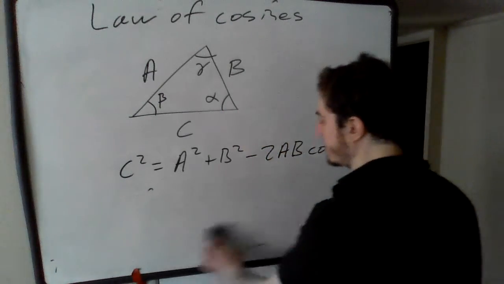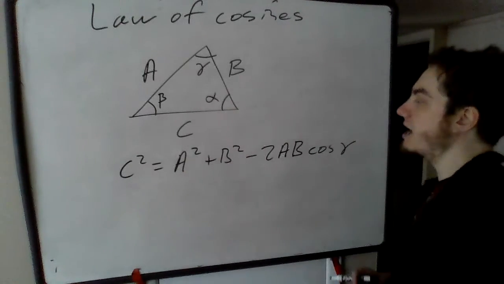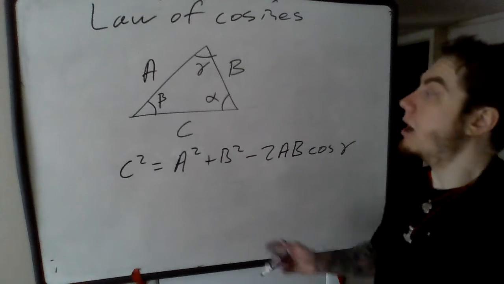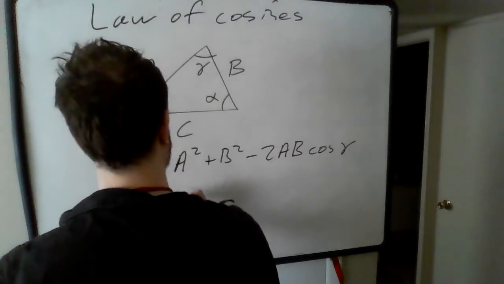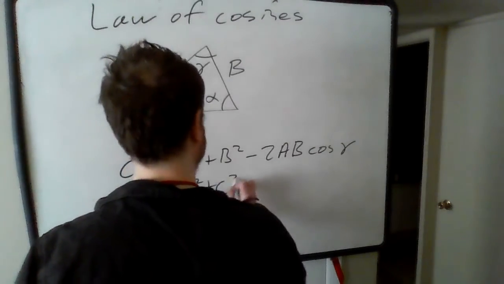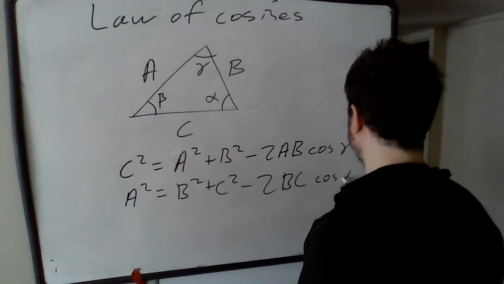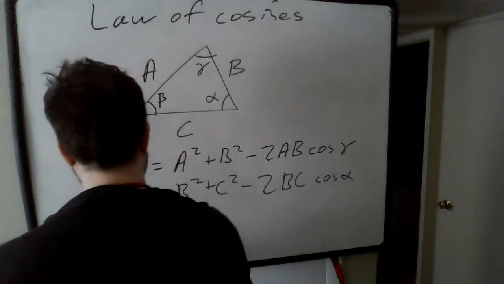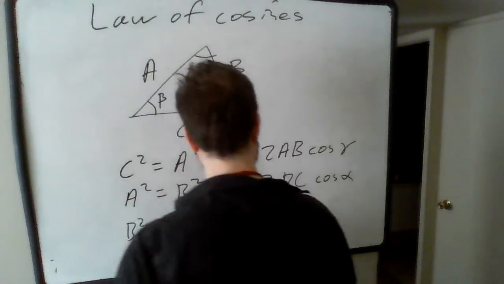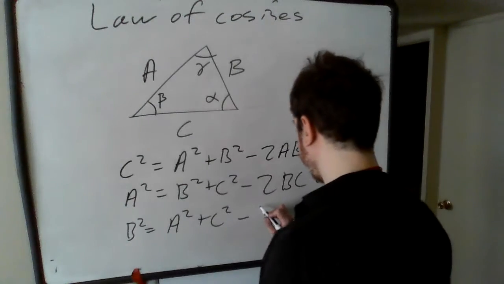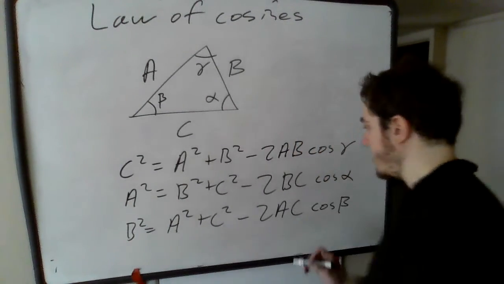One of the nice things about this is that it works for all 3 sides kind of symmetrically, okay? So another way of writing this would be a squared equals b squared plus c squared minus 2bc cosine alpha. And I can also write that b squared equals a squared plus c squared minus 2ac cosine beta.